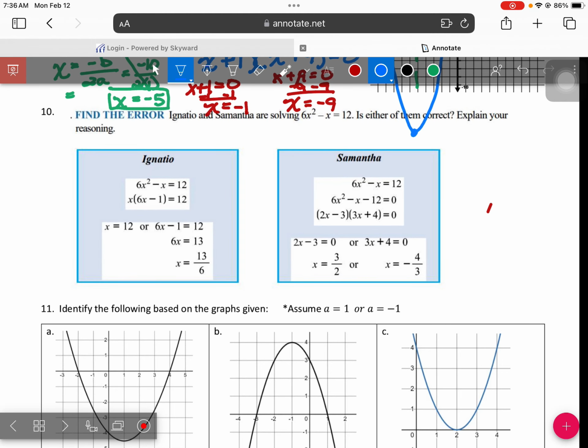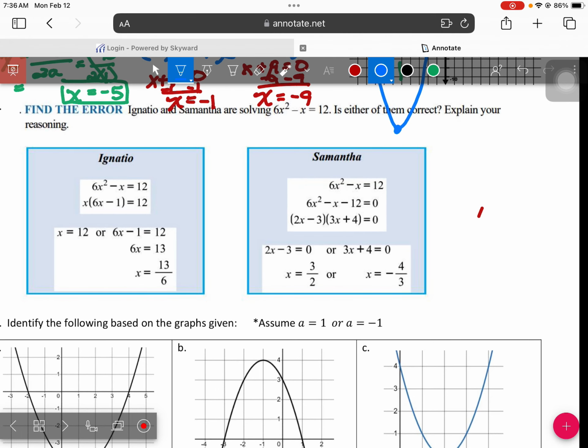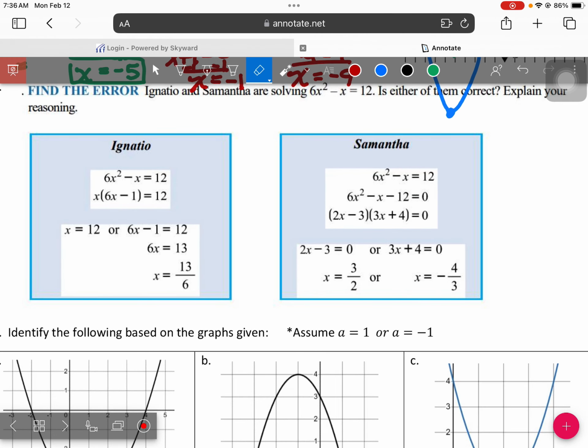Find the error. So there is an error. Ignacio and Samantha are solving 6x squared minus x equals 12. Is either of them correct? Explain your reasoning. Okay, so talk to me first about what we have. We have Ignacio and Samantha.